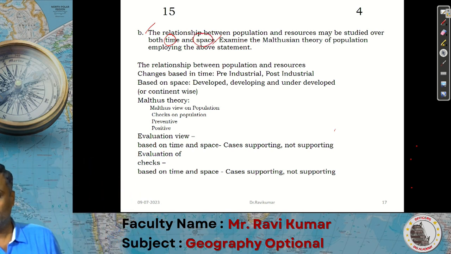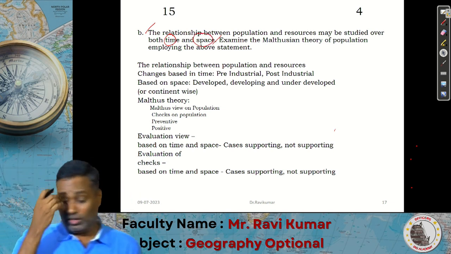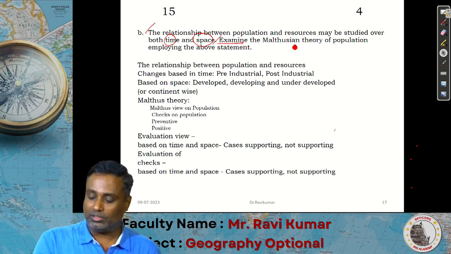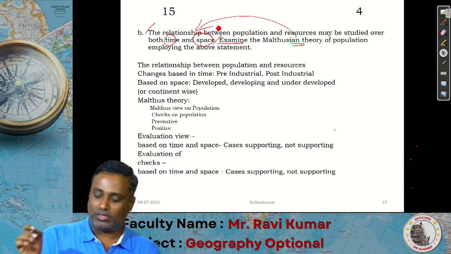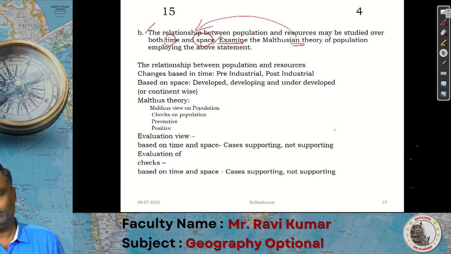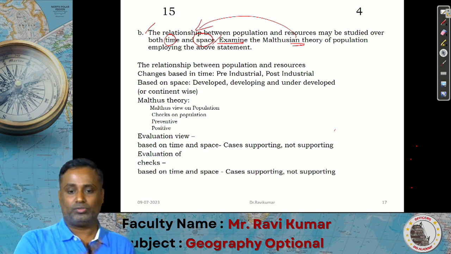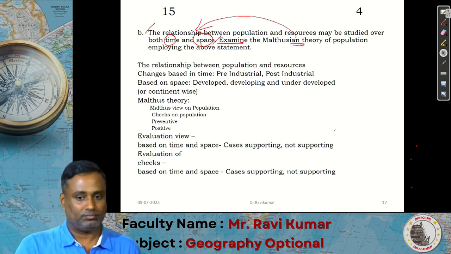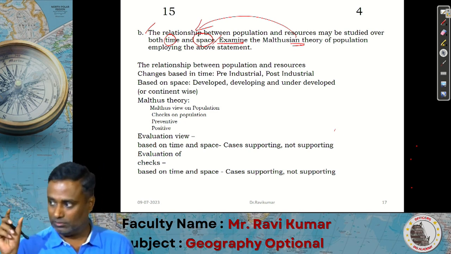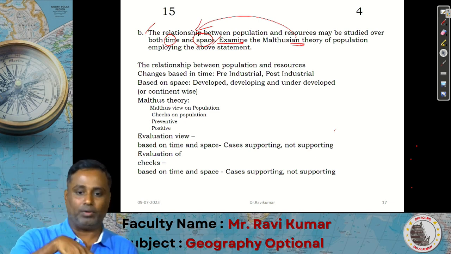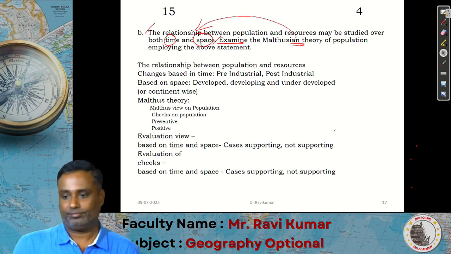Got it? Both time and space. They are asking to examine the Malthusian theory with these two concepts. Because Malthus talked about resources versus population. Now we are asked to identify the Malthus concept and apply it with time and space.